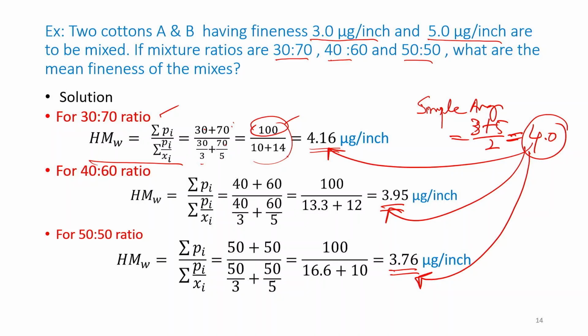And the denominator part is indicating the length. So ultimately it is a weight by length ratio, and hence that is what is going to give you the actual value of fineness. And in such situations, we have to use harmonic mean.